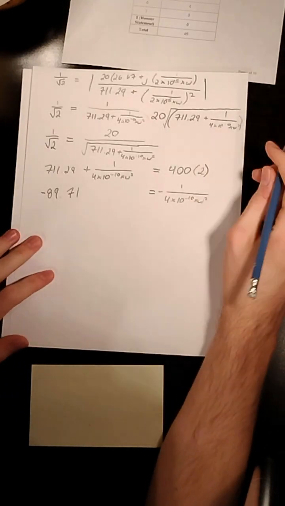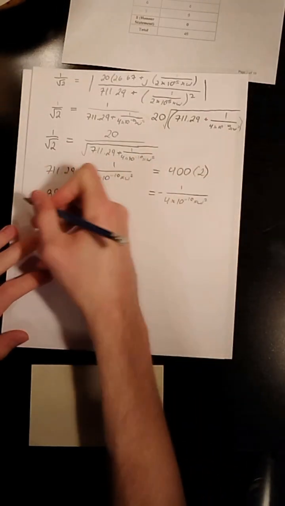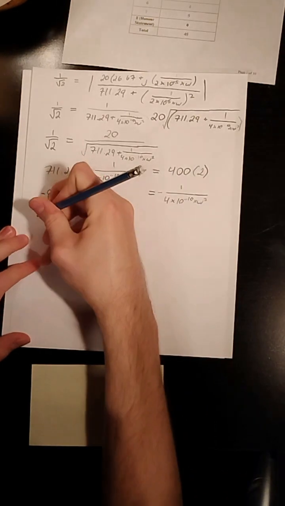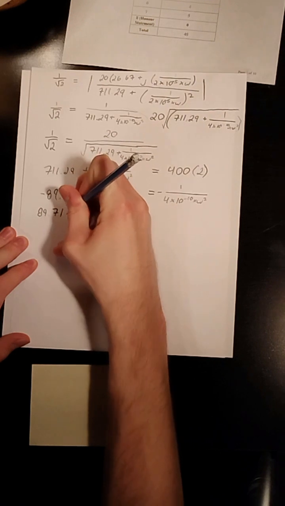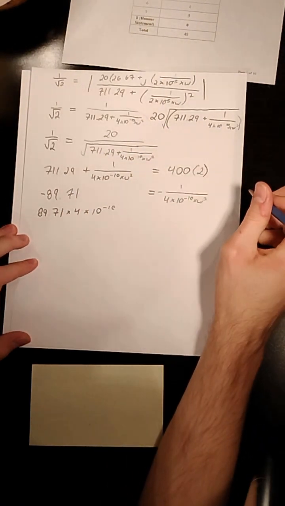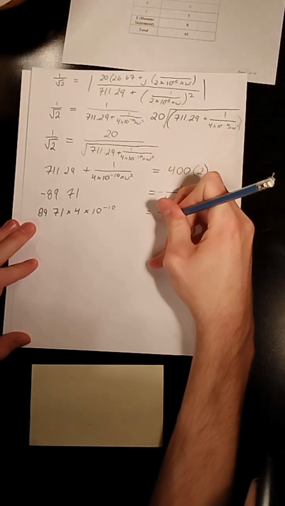So that works well. Now you can easily solve for w squared. We're just going to remove the negative from both sides, multiply both sides by 4 times 10 to the negative 10. We get 89.71 times 4 times 10 to the negative 10 is equal to 1 over w squared.